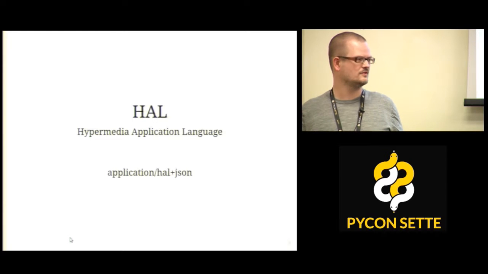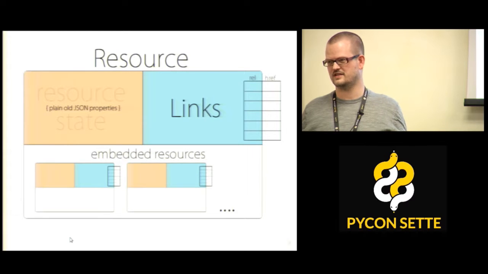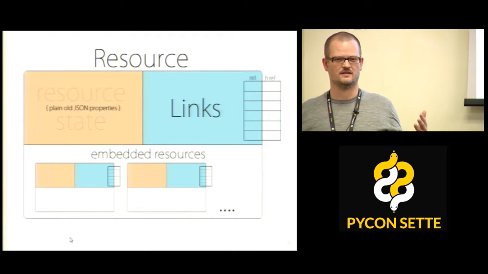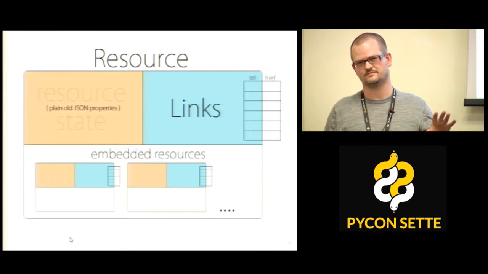It's a very simple model. You take JSON, and it has 3 parts. So the left upper side part is just the JSON properties, and then you add the blue part, which is the links I just showed, and then you add embedded resources.